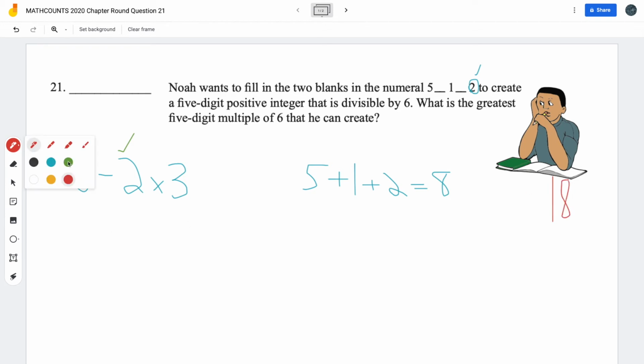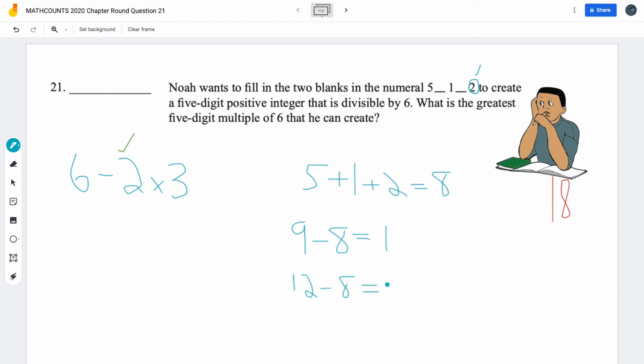Okay. Now, let's do the math. What's the smallest multiple of 3 above 8? That would be 9, minus 8 to get the sum of the other two, which gets you 1. I think we can get a bit higher. 12 is the next multiple, minus 8 equals 4.